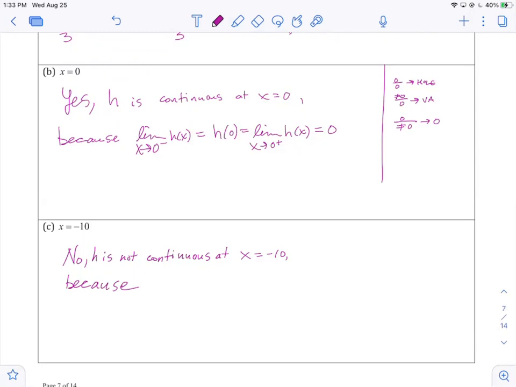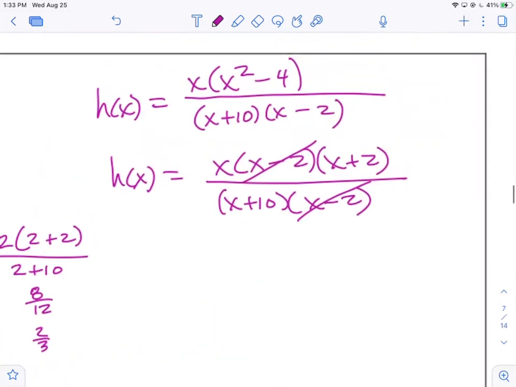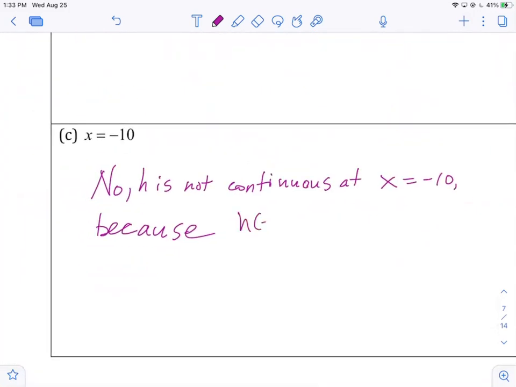A limit can fail to exist because they're approaching two different things from either side. It could be because they're increasing without bound, like towards infinity. What would still be the easiest reason? Yeah, H of negative 10 doesn't exist either, just like on A, because H of negative 10 equals D and E. Or you could say because the limit as x approaches negative 10 of H of x, I wouldn't say infinity, I wouldn't say negative infinity, and I wouldn't say plus or minus infinity.